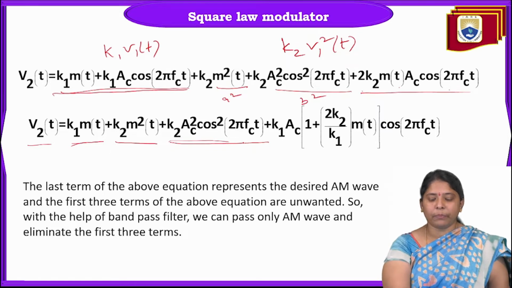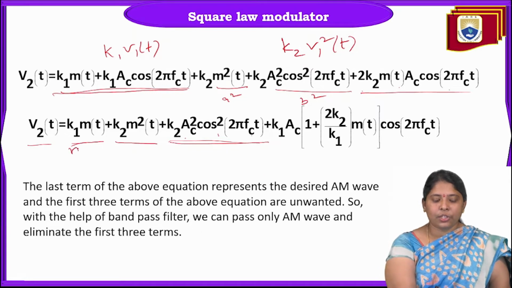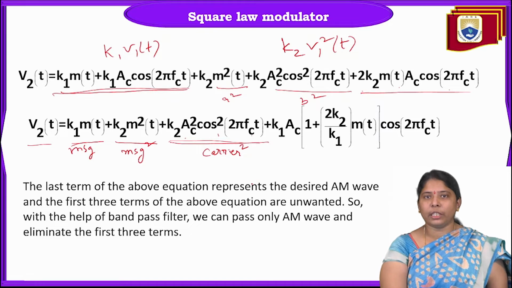What is this term? It is the carrier only, the Ac square cos square 2 pi fct term. This is purely message, this is message square, and this is the carrier square. So please understand each and every term.